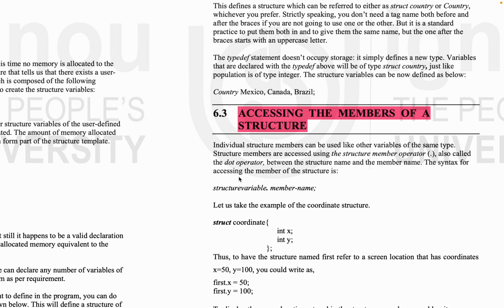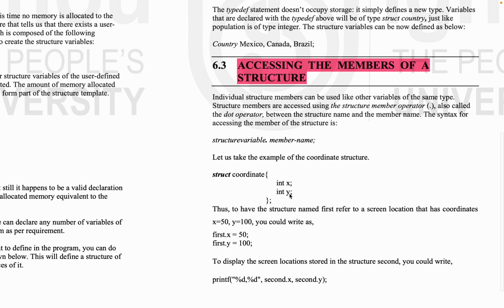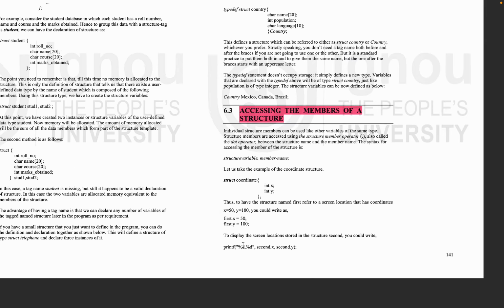The syntax for accessing a member of the structure is structure variable dot member name. For example, struct coordinate with int x and y. Thus, to have the structure name refer to the coordinate, x equal to y. Okay, first dot x and first dot y. Print x and y.